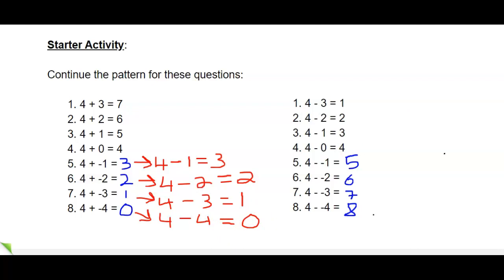To the right we have 5. 4 take away -1 equals 5. If we add 1 to 4, we would get 5 also. So 4 plus 1 equals 5.